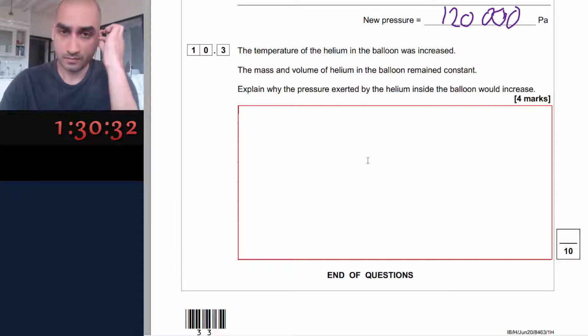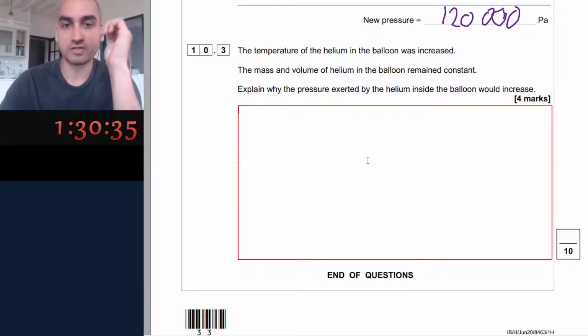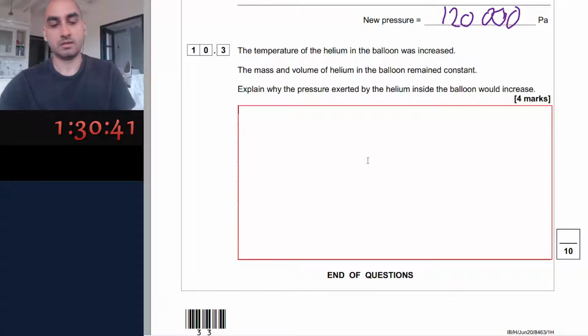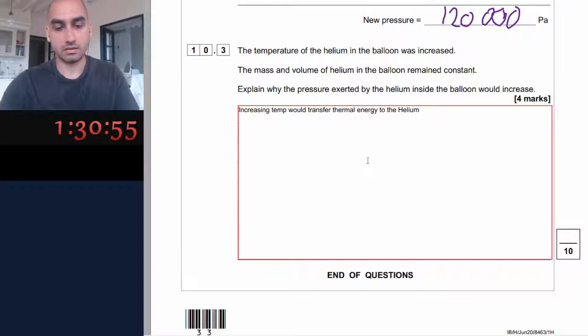Mass and the volume of helium in the balloon remain constant. Increasing temperature would transfer thermal energy to the helium molecules. This would raise their energy levels, increasing their movement speed overall.